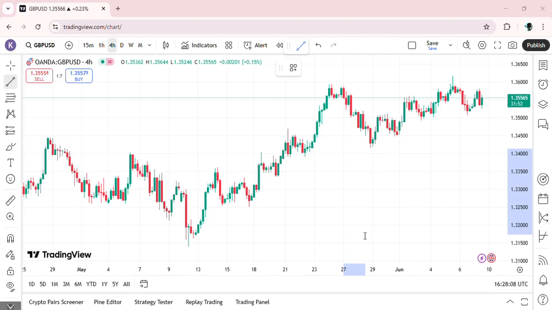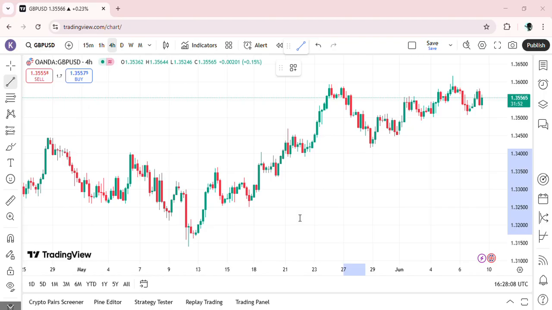So that means buyers are in control. How do we know that this is an uptrend? It is characterized by a series of higher highs and higher lows. We will check on that.